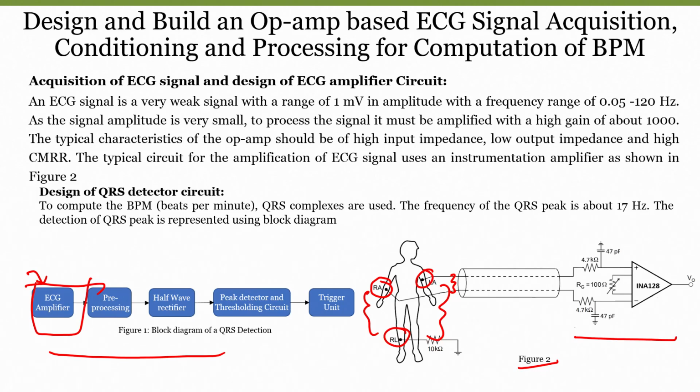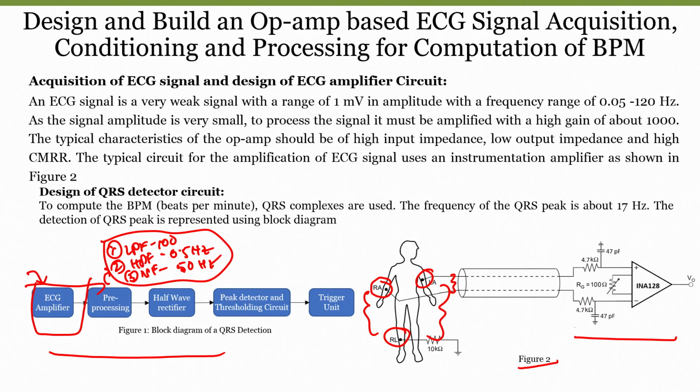One major filter we require is a low pass filter with a cutoff frequency of 100 hertz, a high pass filter with a cutoff frequency of 0.5 hertz, and a notch filter at 50 hertz. So these are the major filters. In this particular subsystem, we will be designing filtering circuits which can remove all the artifacts, as required to process our ECG signal.